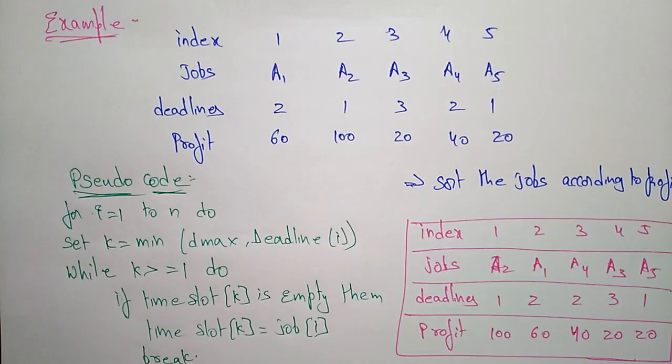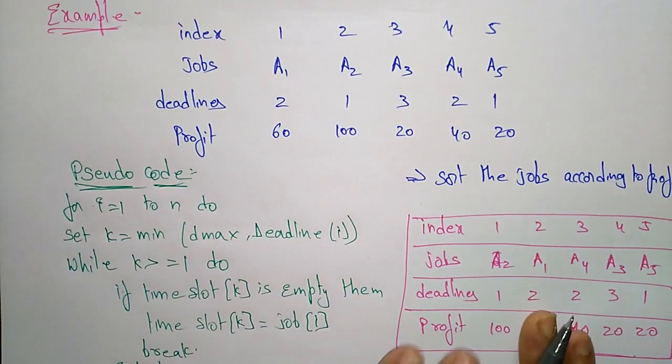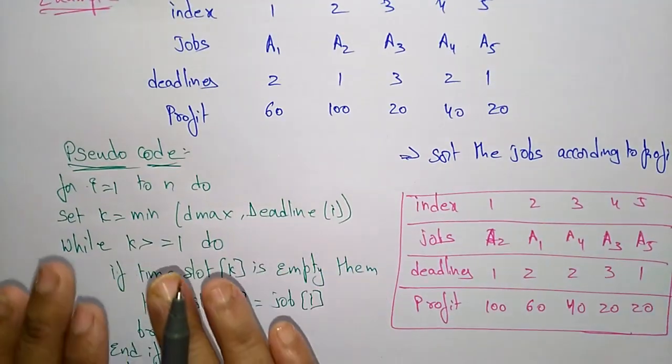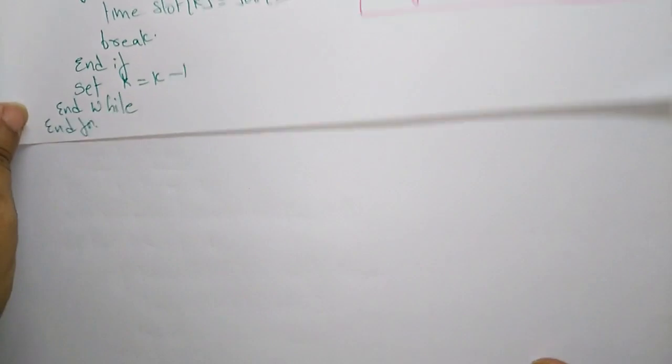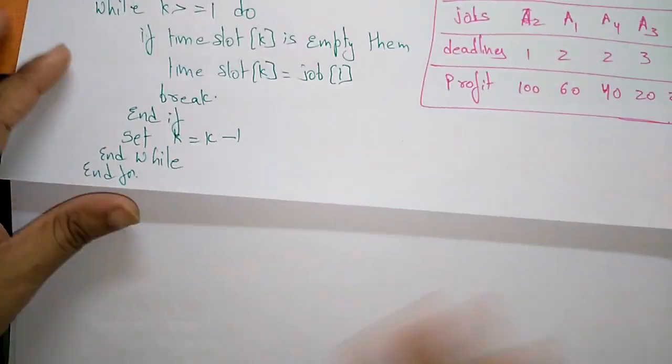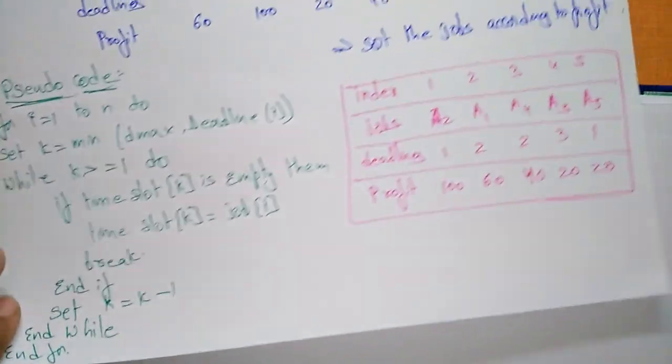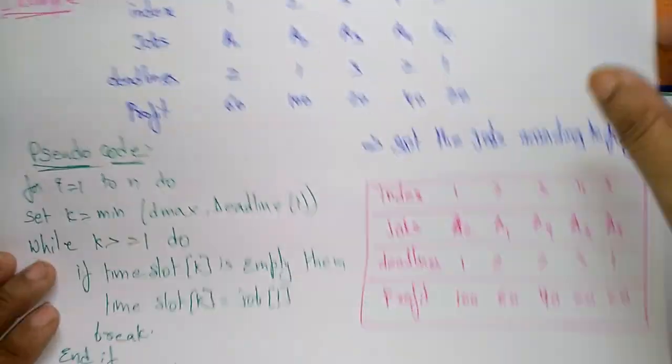Now let us start with the problem. This is the pseudocode and this is the table. You just look at the pseudocode and the table. Okay, so first let me start.